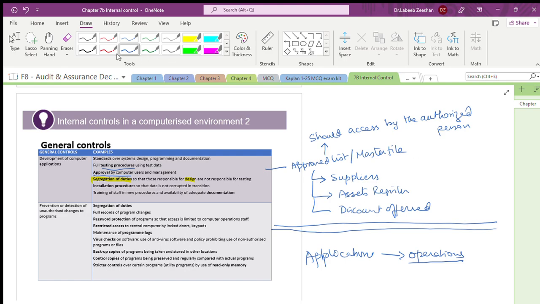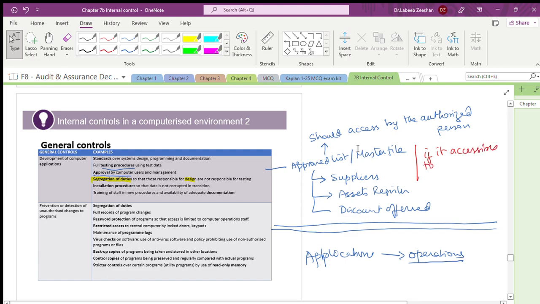I will write here: if it is accessible to unauthorized persons, unauthorized staff, it means the internal controls are ineffective.